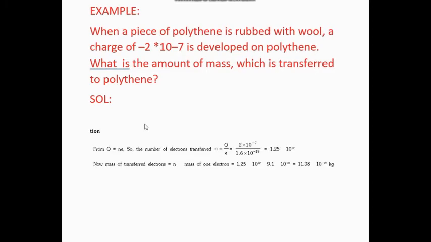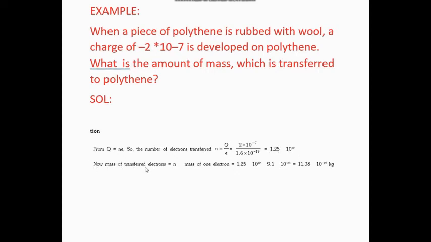So we know that charge is an integral multiple of a fixed charge. So Q is equal to Ne. So the number of electrons N is equal to Q by e. Q is 2 into 10 power -7 as given, and e is the charge of an electron, 1.6 into 10 power -19, so N is equal to 1.25 into 10 power 12.